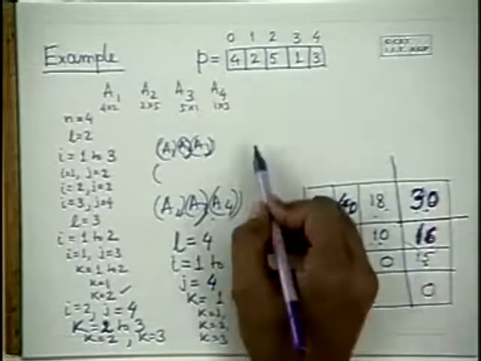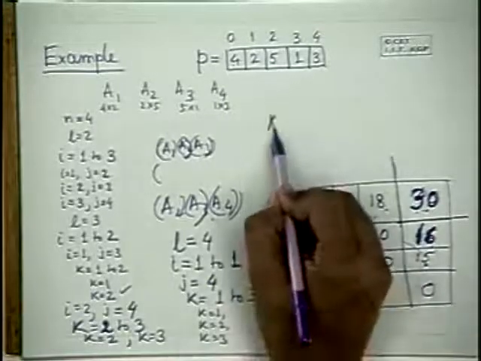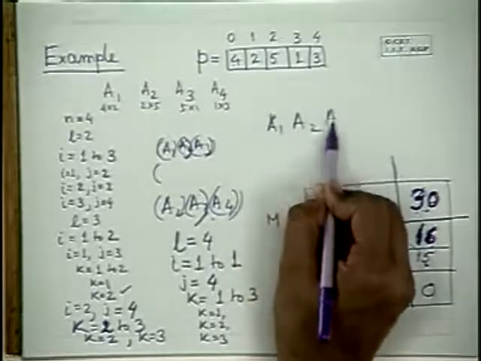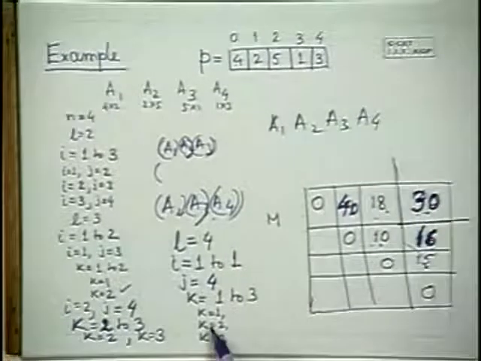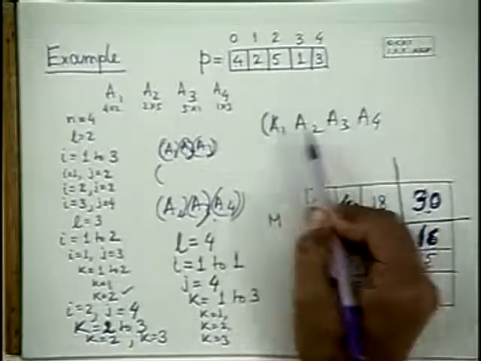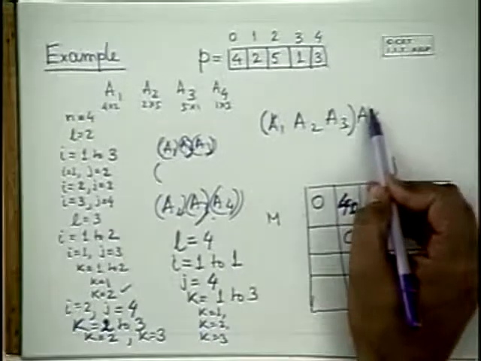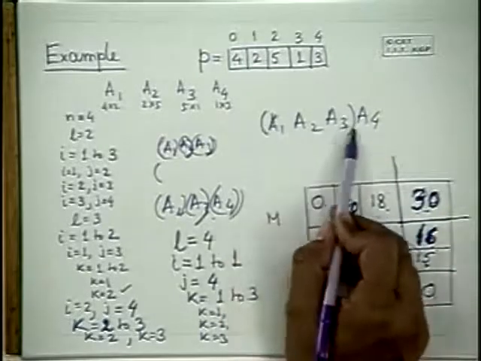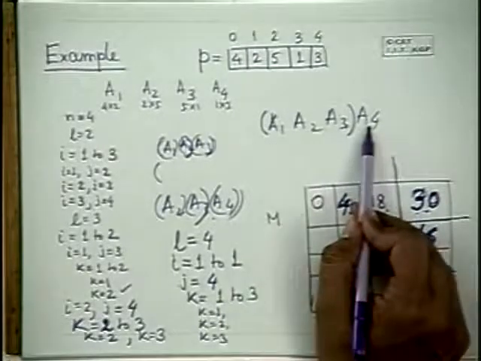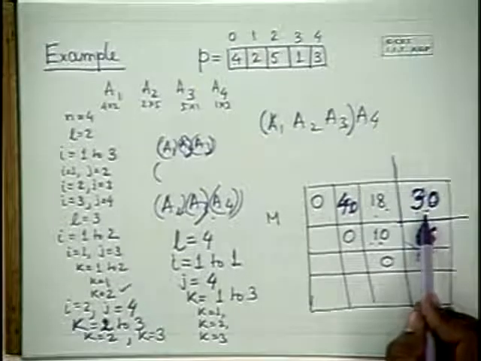And which gave the minimum? So I had A1, A2, A3 and A4. So I know when K is equal to 3 that gave us the minimum. So that means the parenthesization must have been like this first. Right? All 3 were multiplied first, then A4 was multiplied because that's the last one that gave that combination.